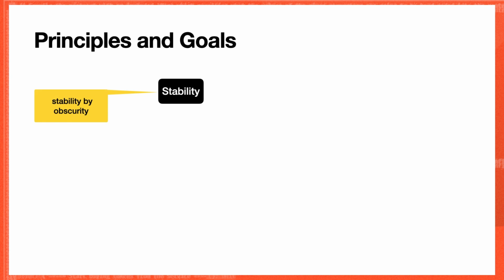One thing we could do is to make something very complicated and obscure so that you don't understand how it works, hoping that by not understanding how it works, you wouldn't be able to attack the stability of the stablecoin. Now, of course, I'm joking, right? We're not really going to do this.